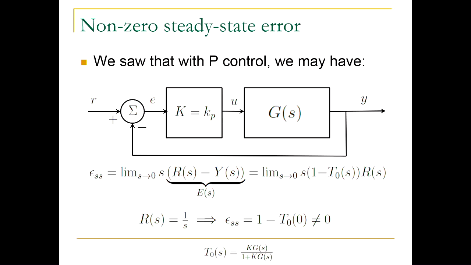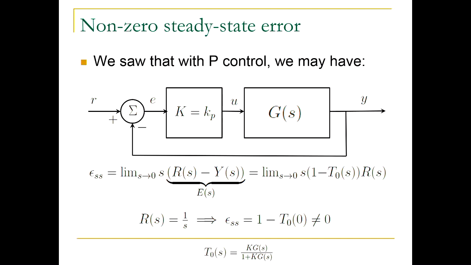As S tends to 0, what you're left with is 1 minus T at 0. Now, T at 0 is what you get when you substitute 0 everywhere instead of S. So if your transfer function is 1 over S plus 1, you just substitute S equals 0, you get 1 over 1, and that's your T at 0.